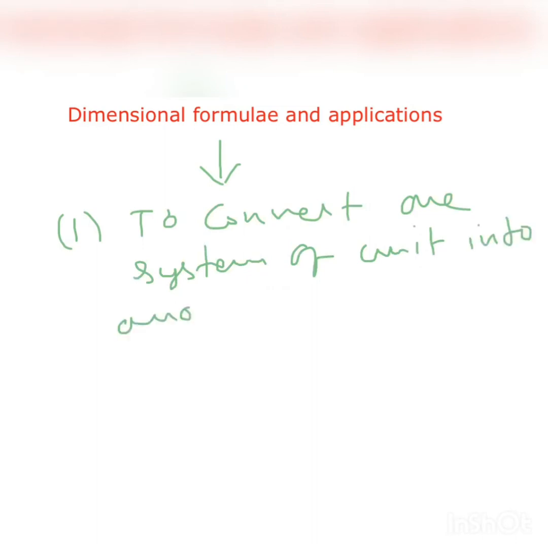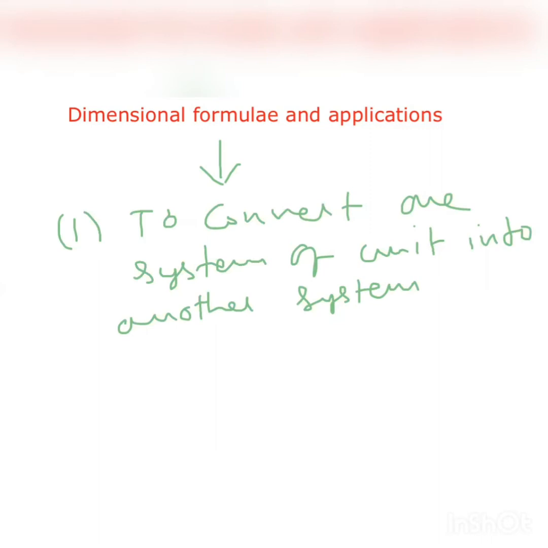That is SI system to CGS system, CGS system to SI system. Such types of conversions we will do here. Conversion from one system of units to another system of units.